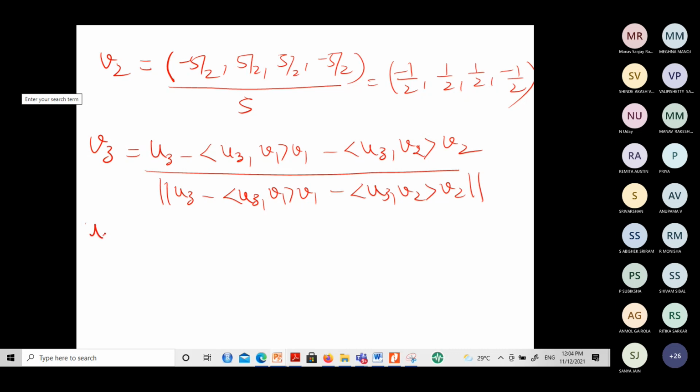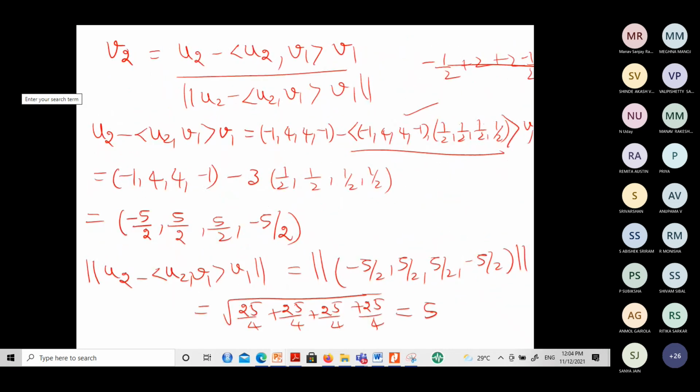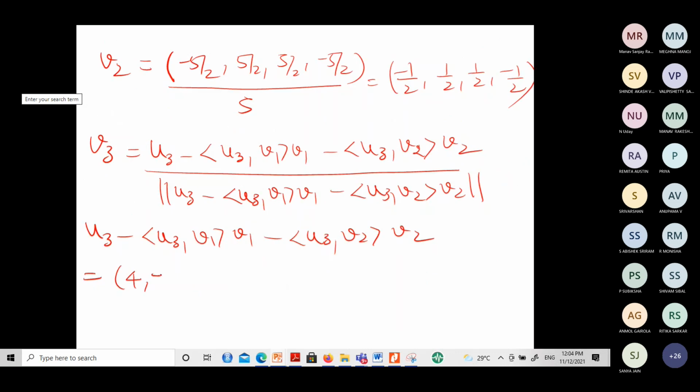So we'll find the numerator value first. What is U3? U3 is 4, minus 2, 2, 0.